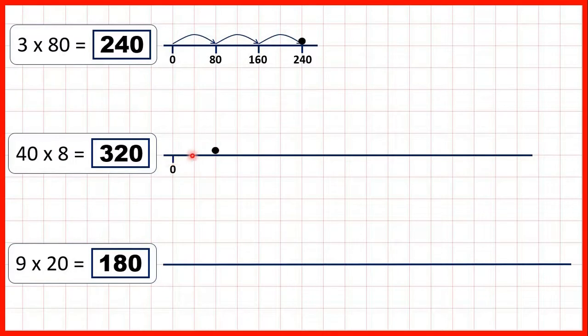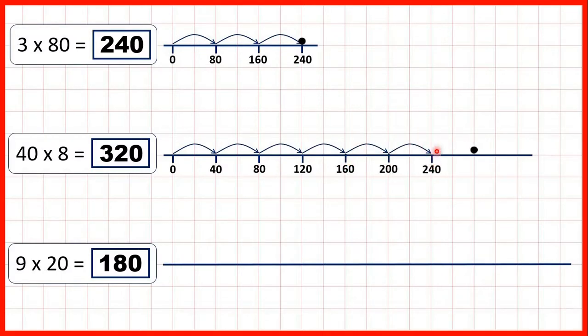So if we count in steps of 40, we get 40, 80, 120, 160, 200, 240, 280, 320. So counting in steps of 40 is just like counting in steps of 4, but with a 0 as our ones digit. Because if we're counting in steps of 40, we're counting in steps of 4 tens.